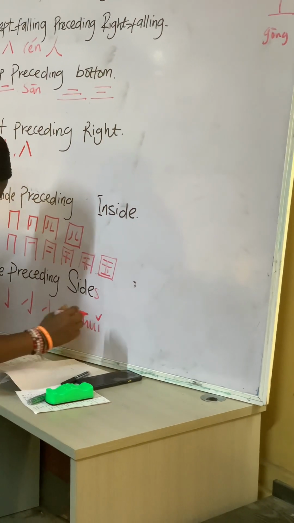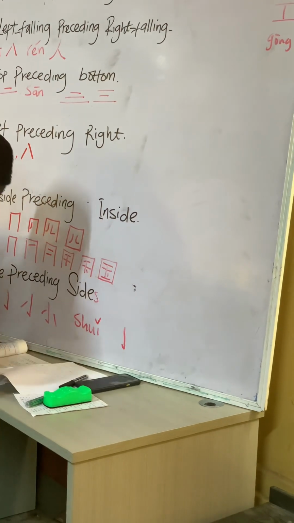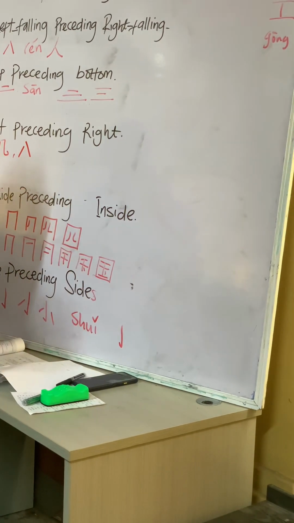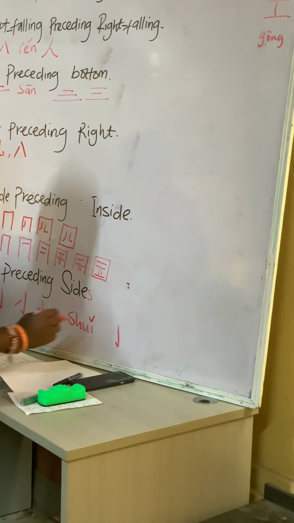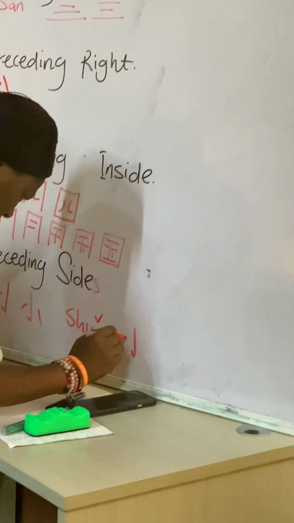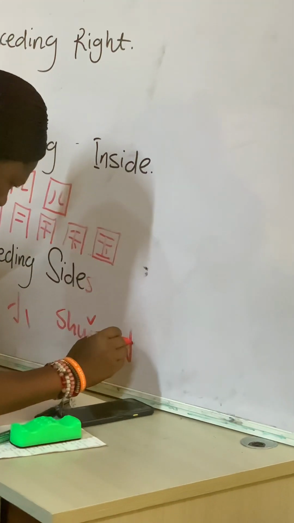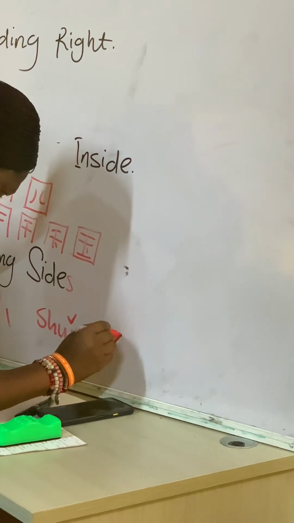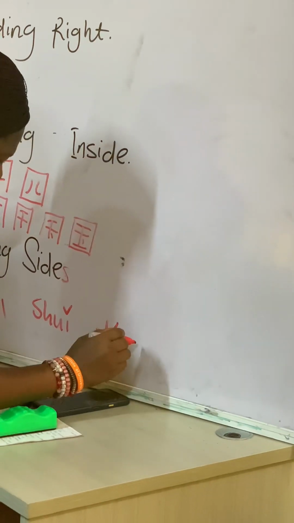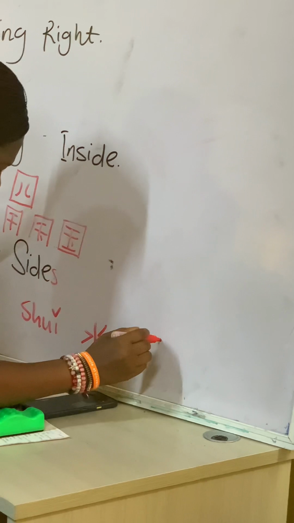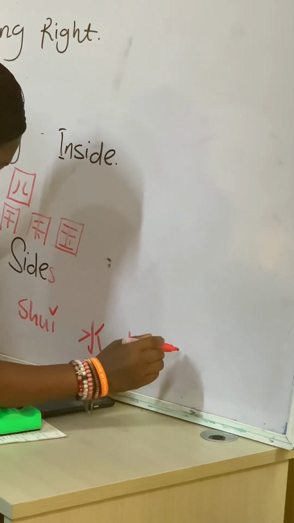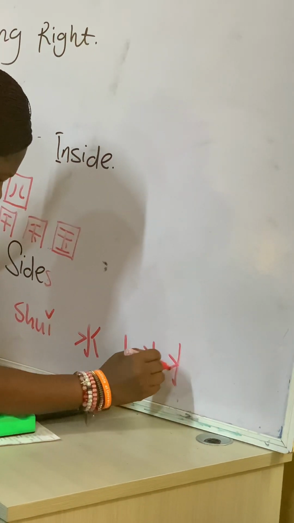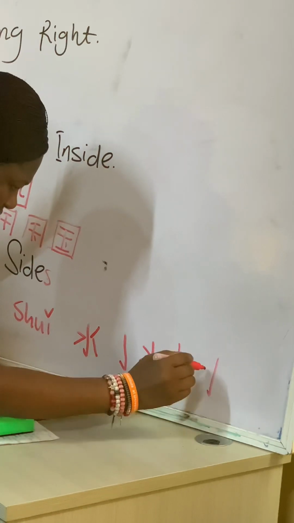So when writing shuǐ, first of all the shù go right, then this, then this, then before this. So first of all this, then this, then this.